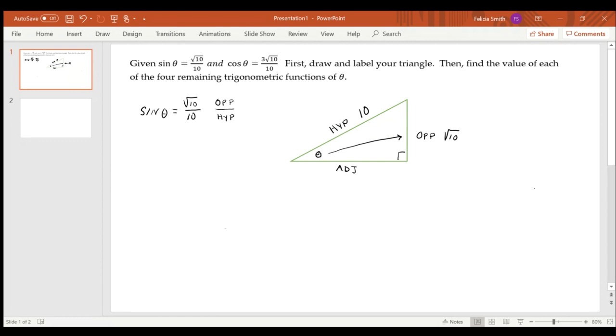Now, normally we could go ahead and use Pythagorean theorem to get our third side of our triangle. However, in this example, they also gave us information about cosine of theta. And cosine of theta is 3 radical 10 over 10, which means they gave us information about our adjacent side and our hypotenuse.